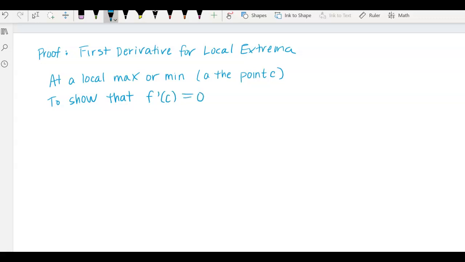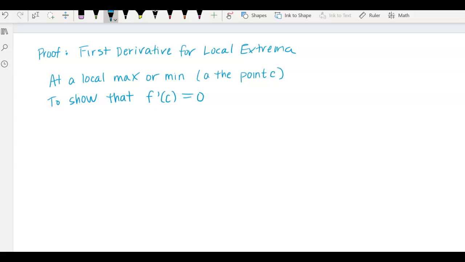So kind of along the lines of what I was just showing you in the picture, what we're going to do is show that the derivative at C cannot be positive, and then we'll also show that it can't be negative, and so then overall it's got to be equal to 0.